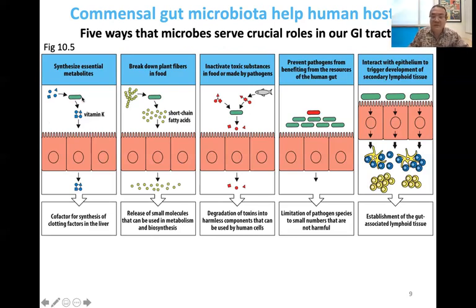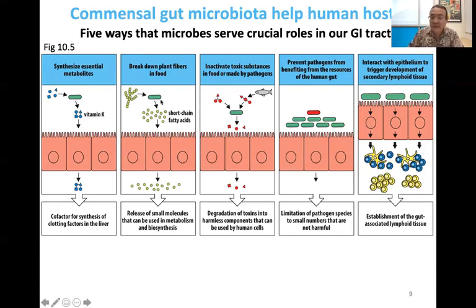But many bacteria, like this green one, help us to synthesize certain types of vitamins that our body cannot synthesize on our own, things like vitamin K. So certain nutrients are put together by the bacteria to make vitamin K, and then vitamin K is absorbed through the mucosal layer and into our tissues. And vitamin K is very important as a factor in the liver.